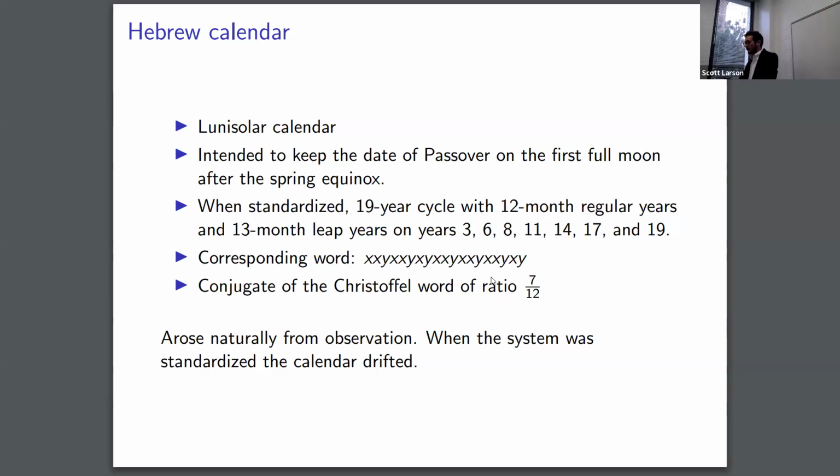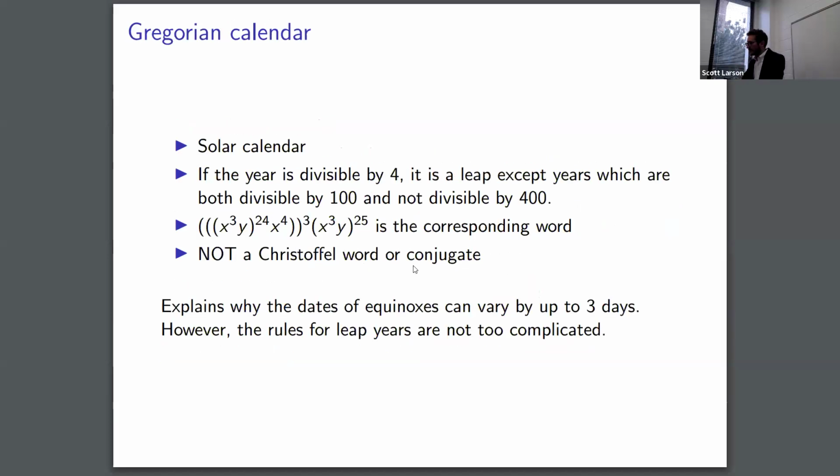So when the system was actually standardized, because it wasn't able to fully account for the imprecision, I guess, of the astronomical phenomena, the calendar drifted. So they would have to throw in leap years here and there. They actually threw in too many. They threw in too many leap years? Right. Oh, yeah, I believe it.